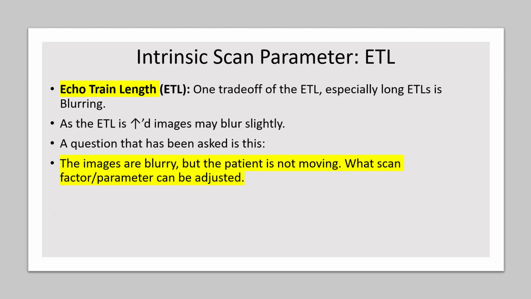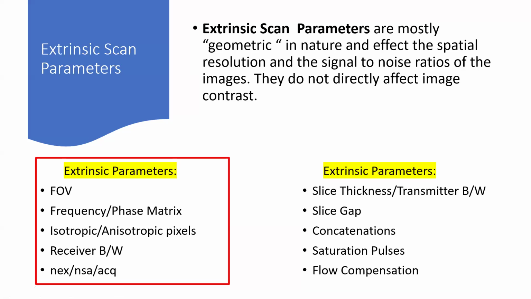If you decrease your TR, you're going to start messing with contrast, right? So the images are blurry, but the patient's not moving. The option there is to decrease your echo train length. All right. Any questions?